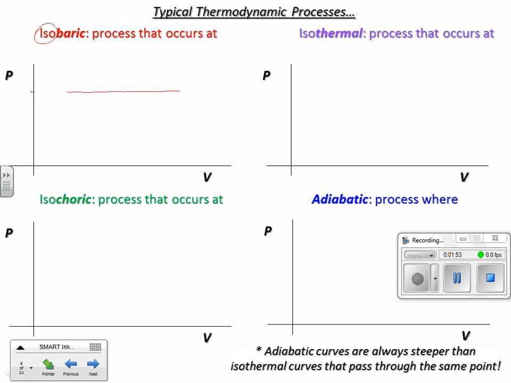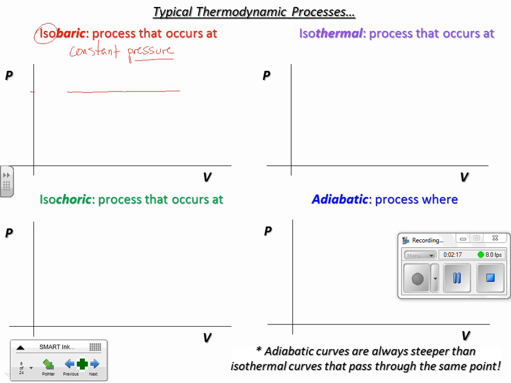Whatever that pressure is, this remains constant. Let me just write this: constant pressure. This could go to the right or to the left. It could be an expansion or a compression, but as long as pressure is constant, that's what we call an isobaric process.